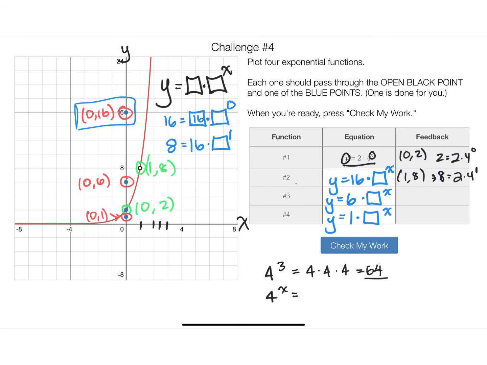So 16 times what number gets me 8? Since it's to the first power, this works out pretty nicely. It's just 16 times what gets me 8. In this case, it's going to be 1/2.